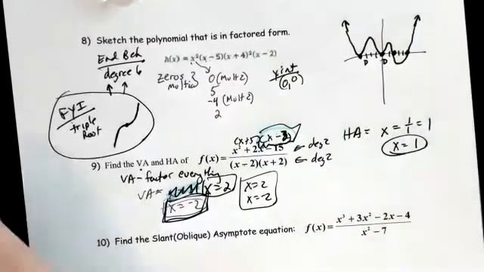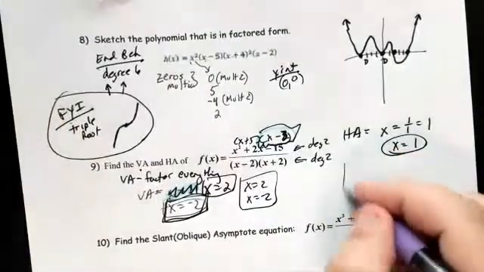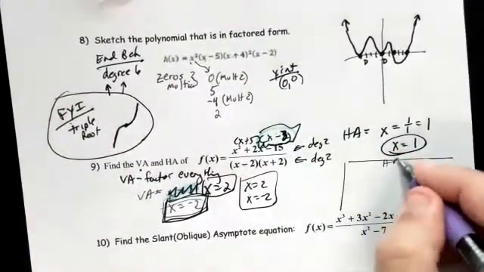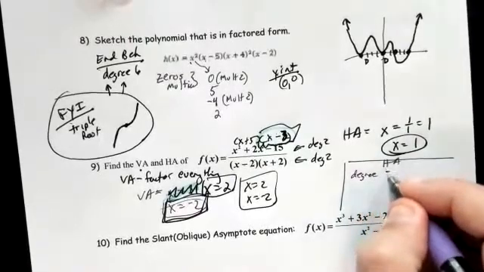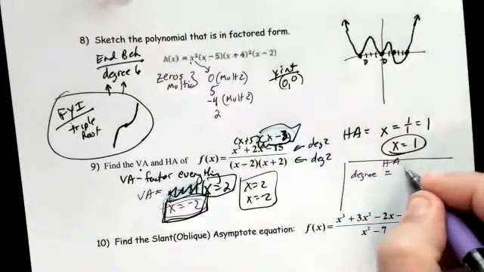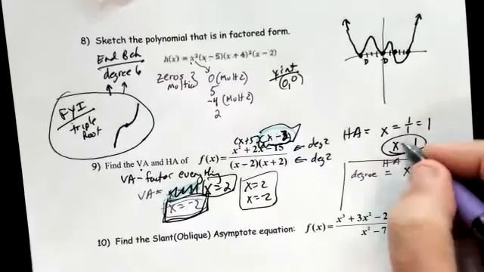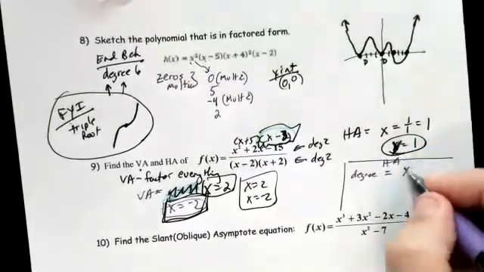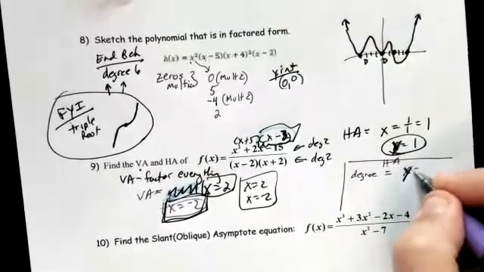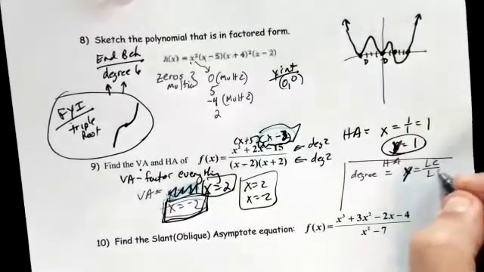Okay, so just in case you forgot, how do I find horizontal asymptotes? If the degrees are equal, y is equal to the lead coefficient over the lead coefficient.